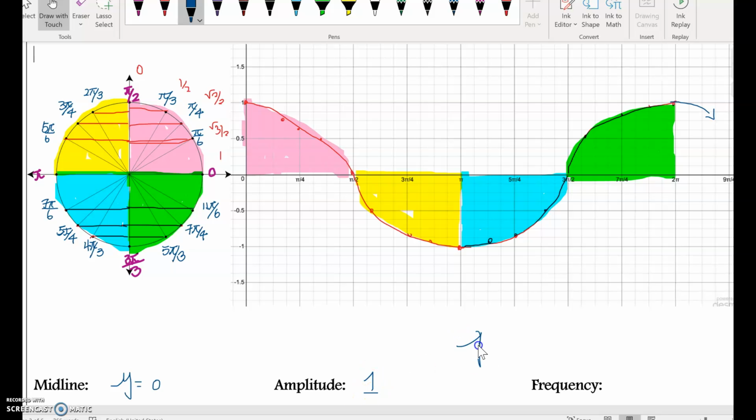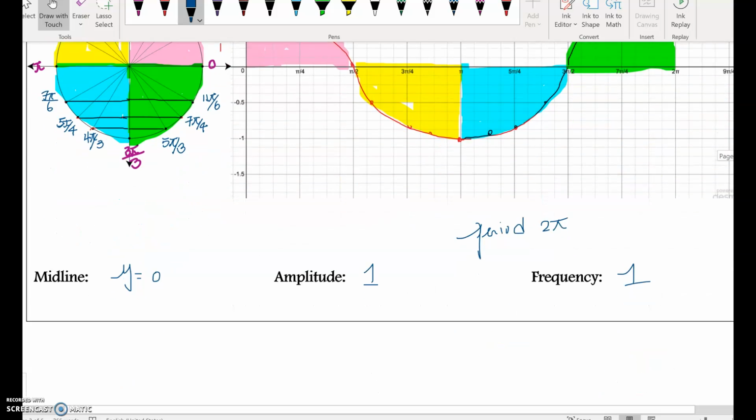And the period here would be 2 pi because it's the distance of one cycle. In the parent function, the period is always 2 pi, and the frequency is 1 because there's only one cycle in 2 pi. Okay, so that's how you graph the sine and the cosine function.